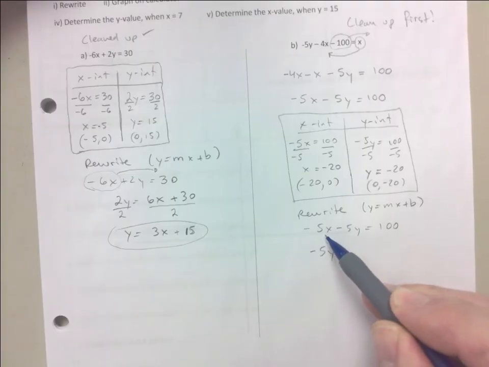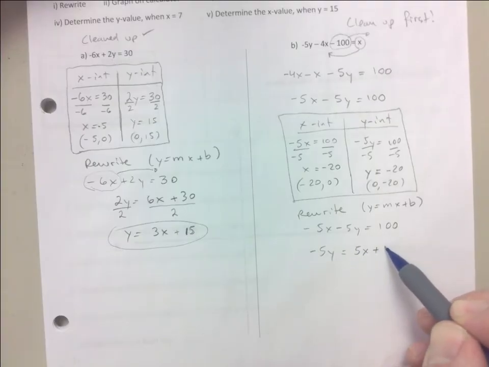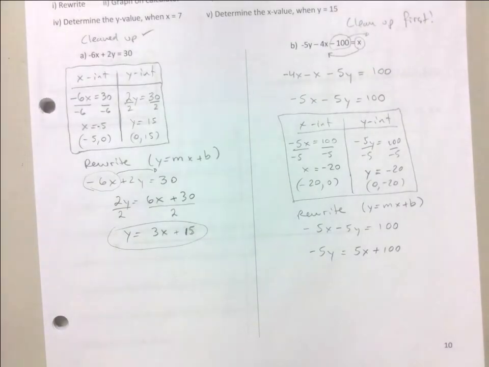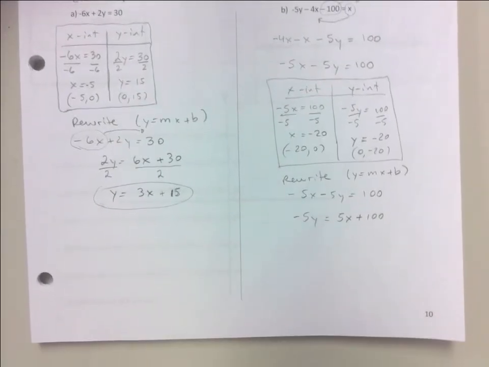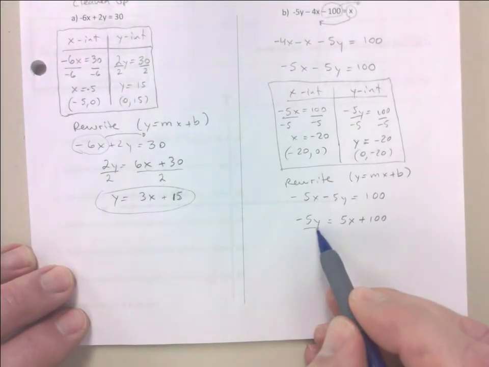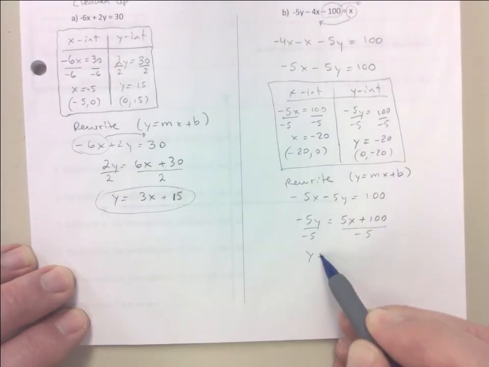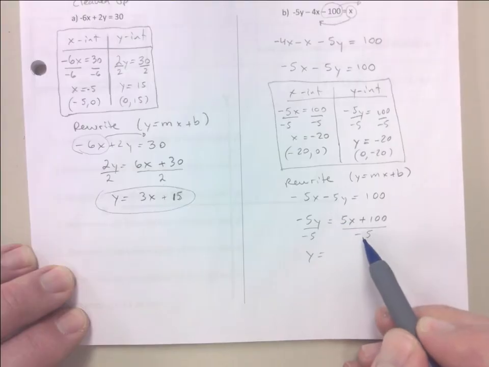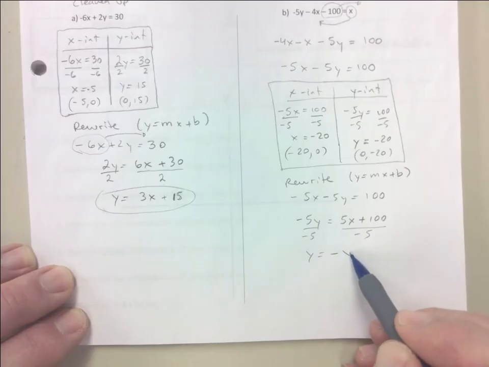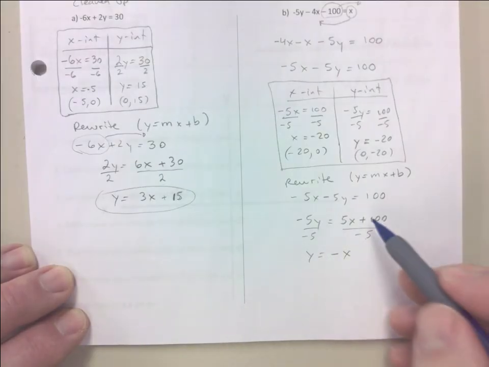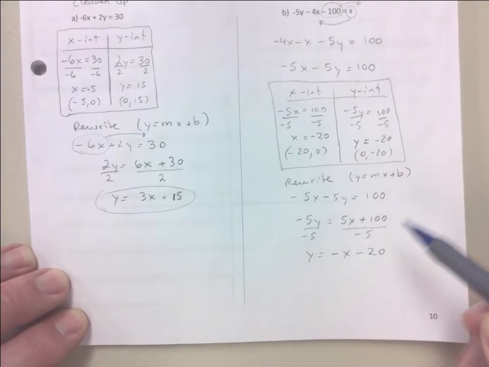The negative 5x comes over adding, and we divide both sides by negative 5. 5 divided by negative 5 is negative 1, so it's negative x really. 100 divided by negative 5 is negative 20.